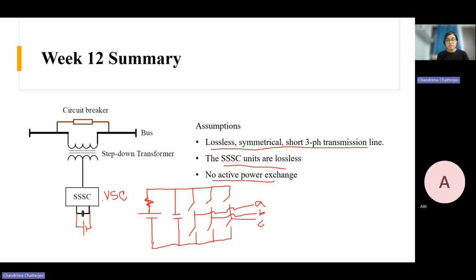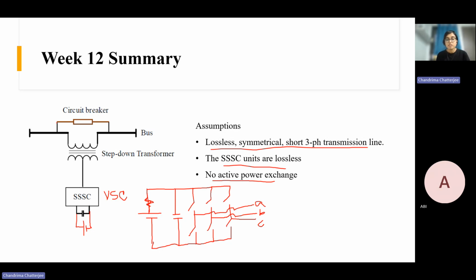This is a three-phase voltage source converter, and the step-down transformer is used to reduce the rating. Then there is a circuit breaker in parallel. What is the use of the circuit breaker? Suppose there is a fault in the transmission line, and we need to protect the SSSC.